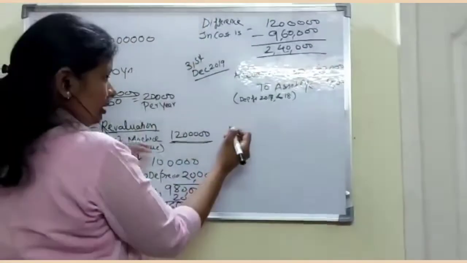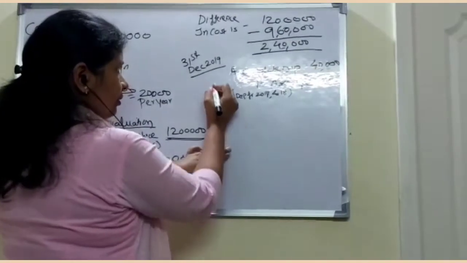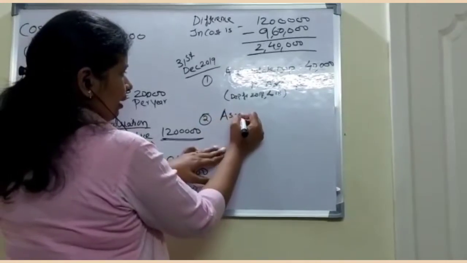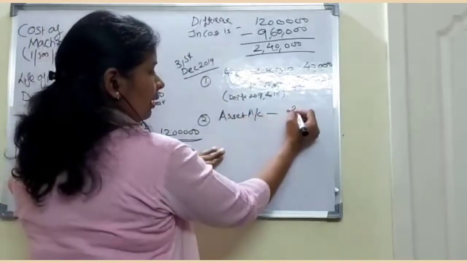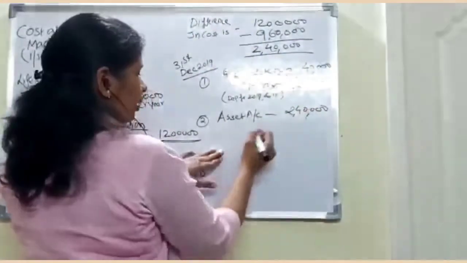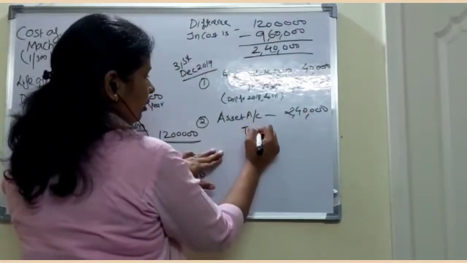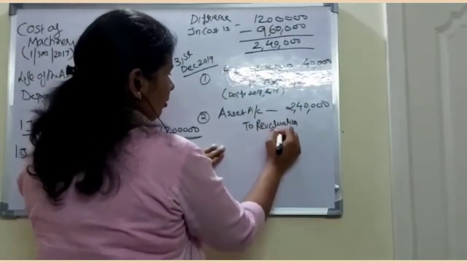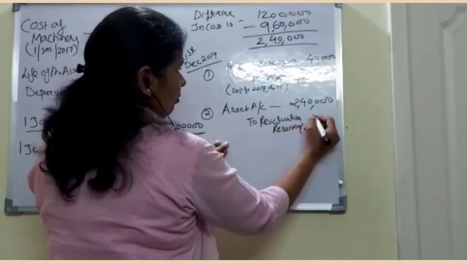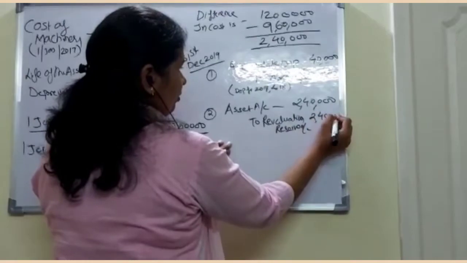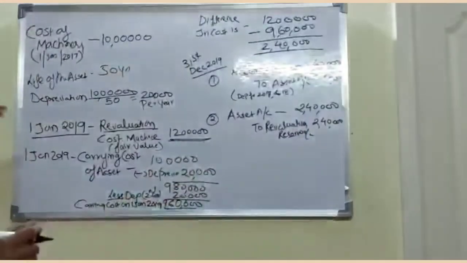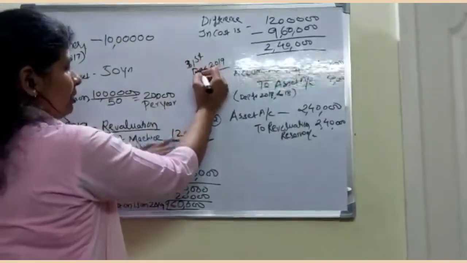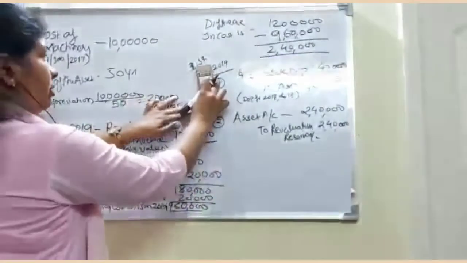I will increase my asset account by 2,40,000 rupees, and I will create a revaluation reserve account, which will be credited with 2,40,000 rupees.